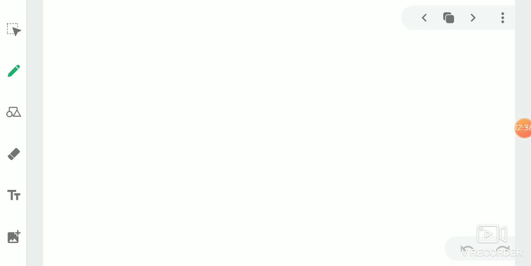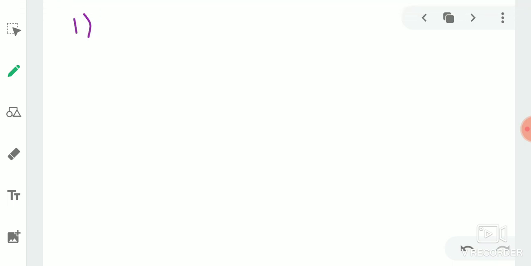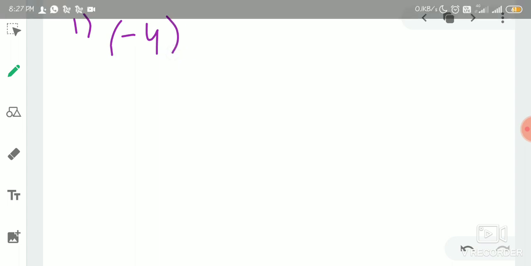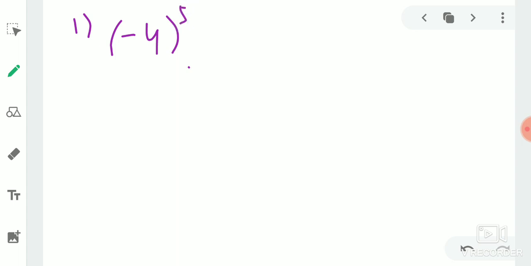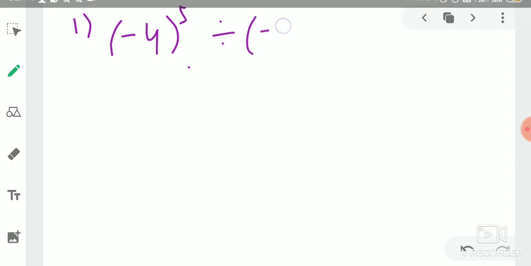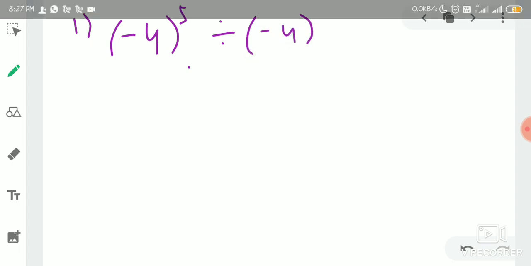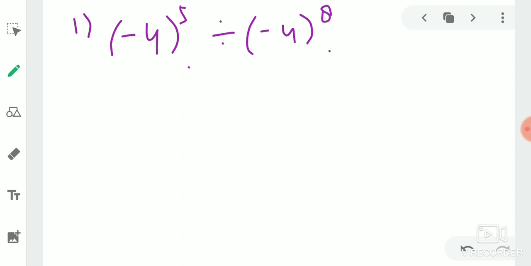We'll do one more example on the laws. For example, we have to simplify and express the result in power notation with a positive exponent. Our question is minus 4 raised to power 5 divided by minus 4 raised to power 8. Here we have the exponents in positive form.